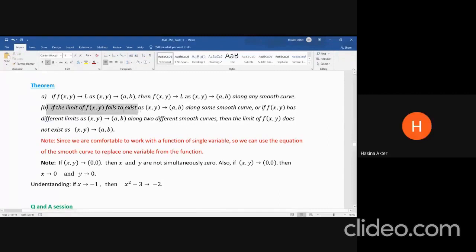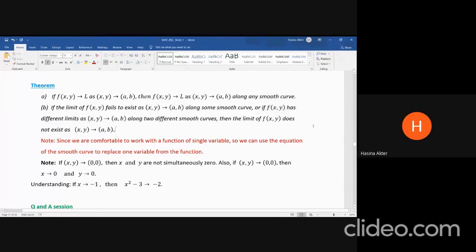If the limit fails to exist along some smooth curve, that means if the limit is undefined along some smooth curve, or if the limit has different values along two different smooth curves, then the limit does not exist.